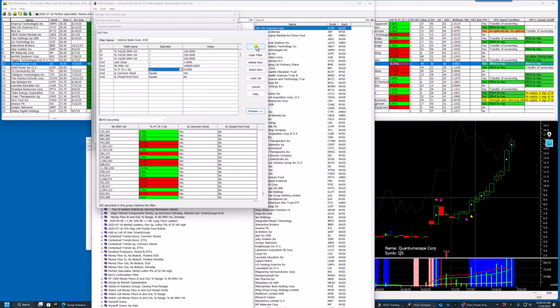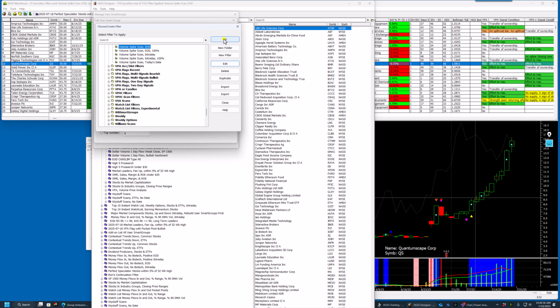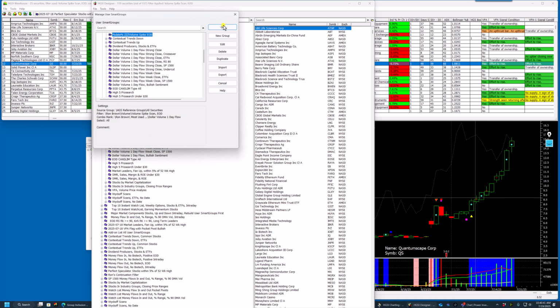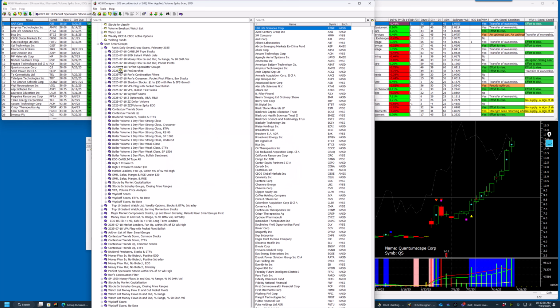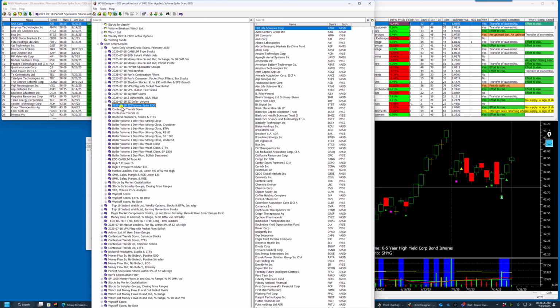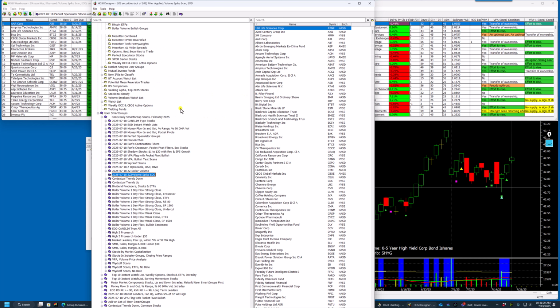I'm going to change this. I put the add-on up earlier today, but I'll put it up again with these new filters. I'm going to rebuild the user smart groups. Okay. And let's go down here to the volume spike, end of day. You can see there's 203 in there now.